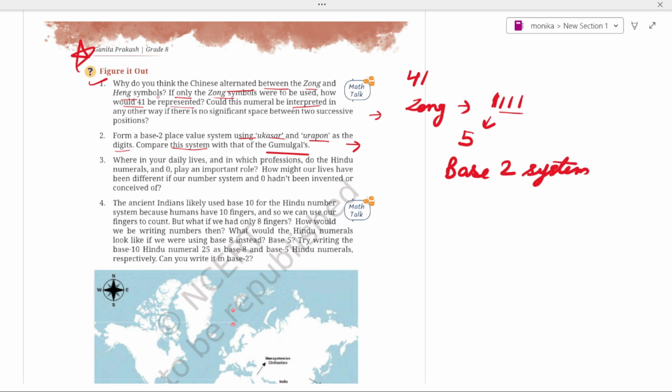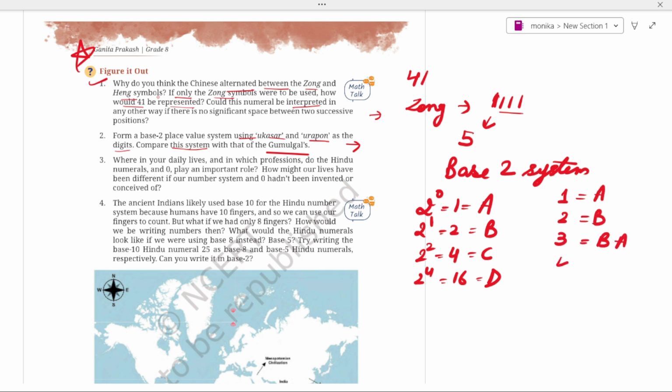For this, we'll use some landmark numbers. 2 raised to 0, which is 1, I'm taking it A. 2 raised to 1, which is 2, I'm taking it B. 2 squared, I'm taking it C. And 2 raised to 4, which is 16, I'm taking it D. So the number representation will be 1 is A, 2 is B, 3 is BA, 4 is C, 5 is CA. So this is our base 2 number system.